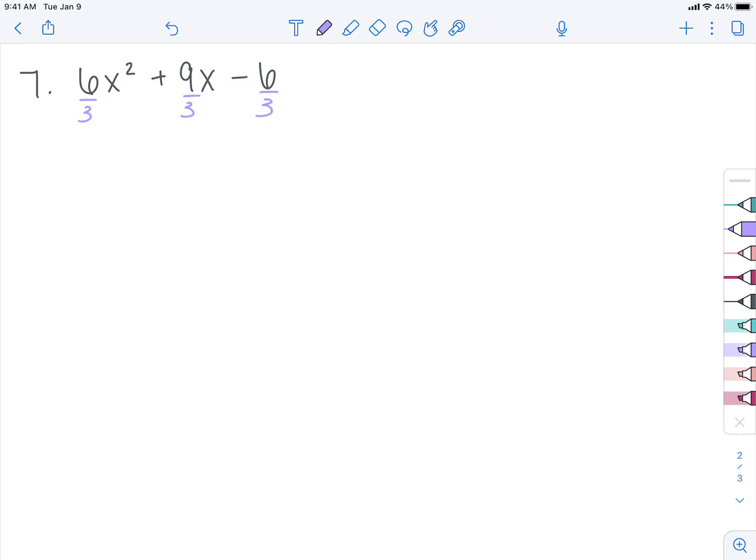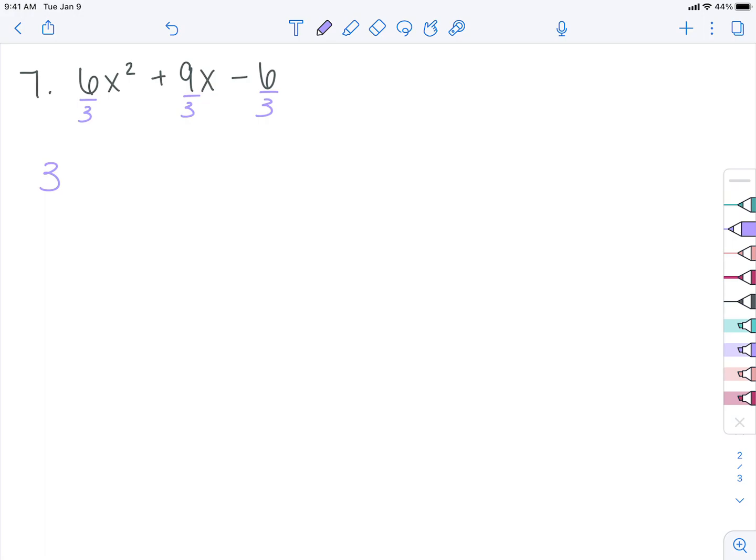What I'm going to do is bring the 3 outside in front, and this 3 is just going to hang out with us the entire time and be out in front. That's why some of those answers we saw had a 3 right in front of the parentheses, or some have a 2 right in front, because we can't completely get rid of it, but we can put it off to the side so that we're working with smaller numbers.